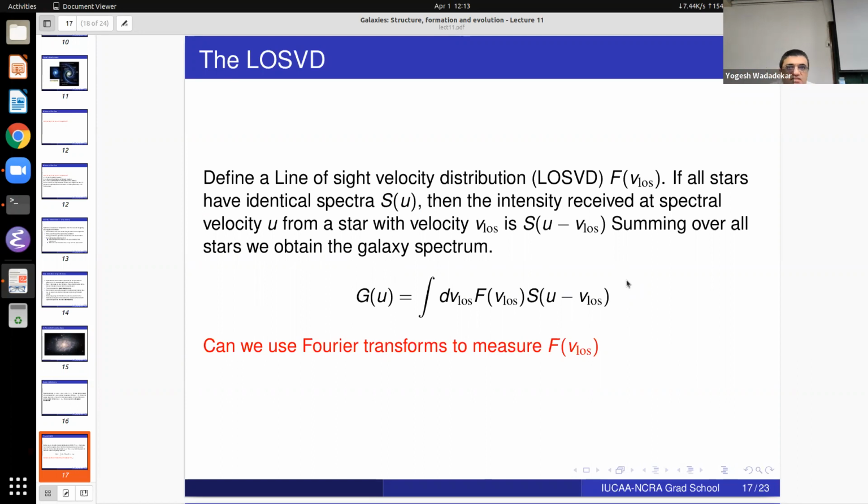Can we use Fourier transforms to measure F(V_LOS)? This integration, what does it look like?